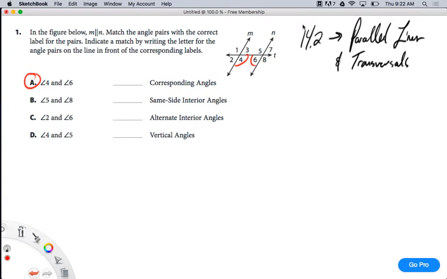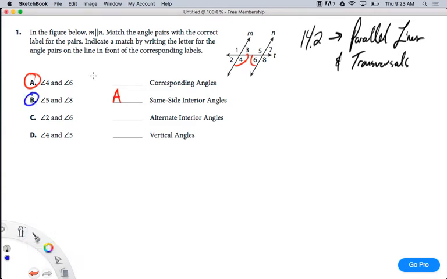What kind of angle pair is that, angle 4 and angle 6? Not quite corresponding. Corresponding would have the same position. So angle 4 and angle 8 would be corresponding because they would both be on the bottom right. Sometimes same side interior. Good. They're on the same side of the transversal and on the interior, the inside of the parallel lines. So they're same side interior.